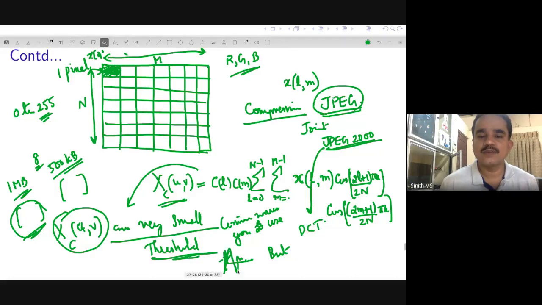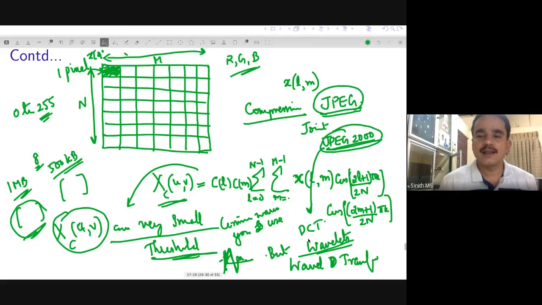You have small waves of finite energy, and in that case you are using wavelets instead of cosine waves, and there are different kinds of wavelets also. If you use wavelets, you call it the wavelet transform. The wavelet transform is used for JPEG 2000. So similar to the discrete cosine transform, you have the discrete wavelet transform also.